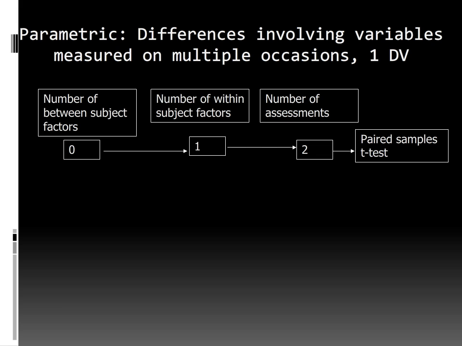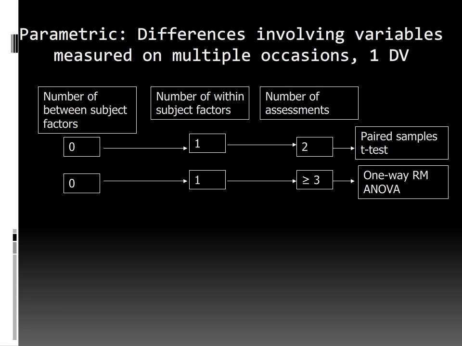In this example, there are 0 between subject factors, and there is 1 within subject factor, time, that is assessed on 2 occasions, before and after the strength training program, and there is 1 dependent variable, squat performance. Therefore, it is most appropriate to analyze the data using a paired samples t-test.